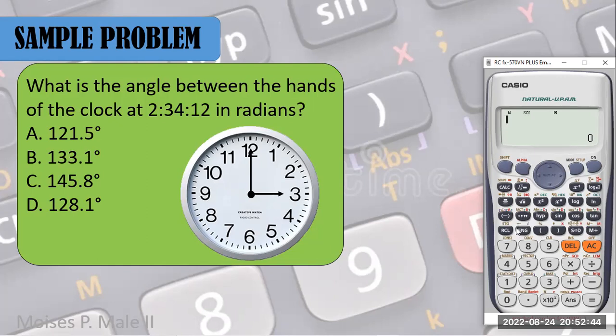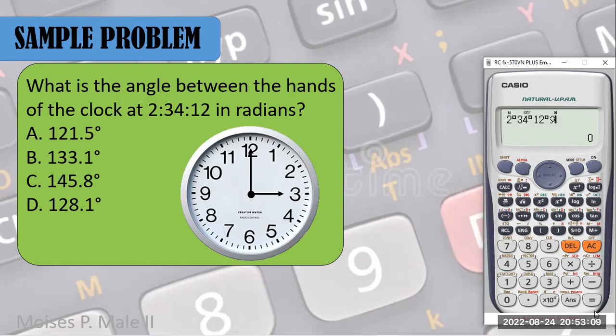Okay? So, what we need here is the Y column or Y hat. Now, input the 2 degrees, 34 minutes, 12 seconds. Then, give it one more. Then, shift, stat, then reg. So, we need to get the Y hat, right?